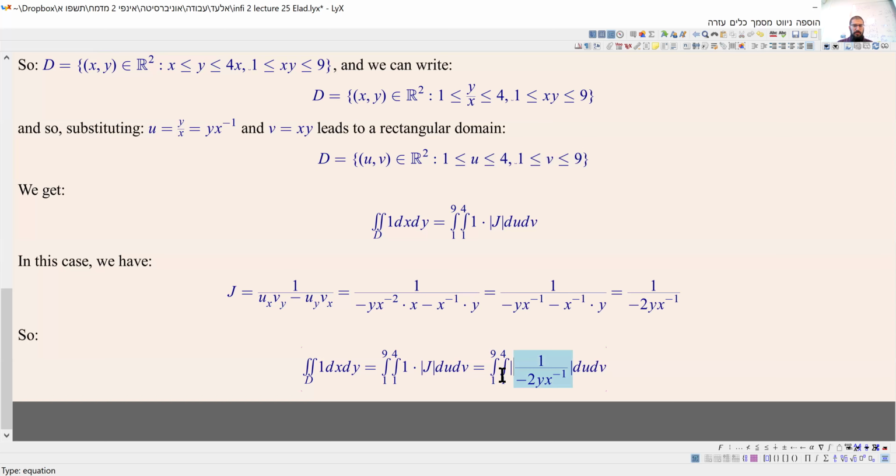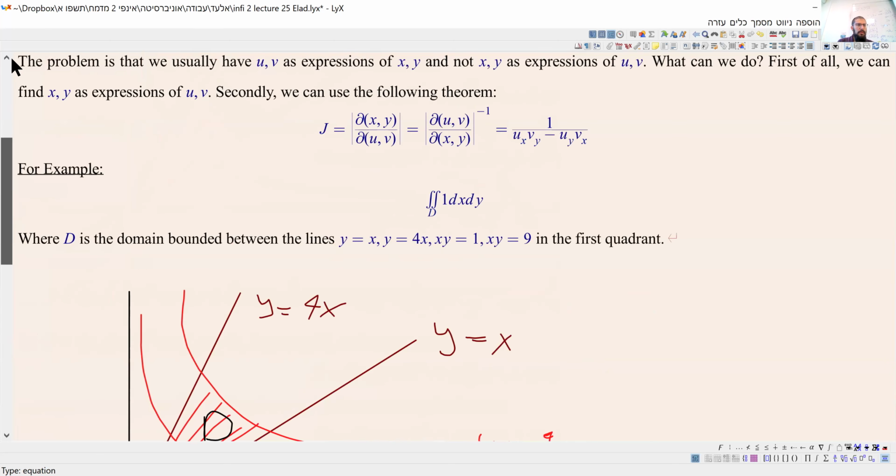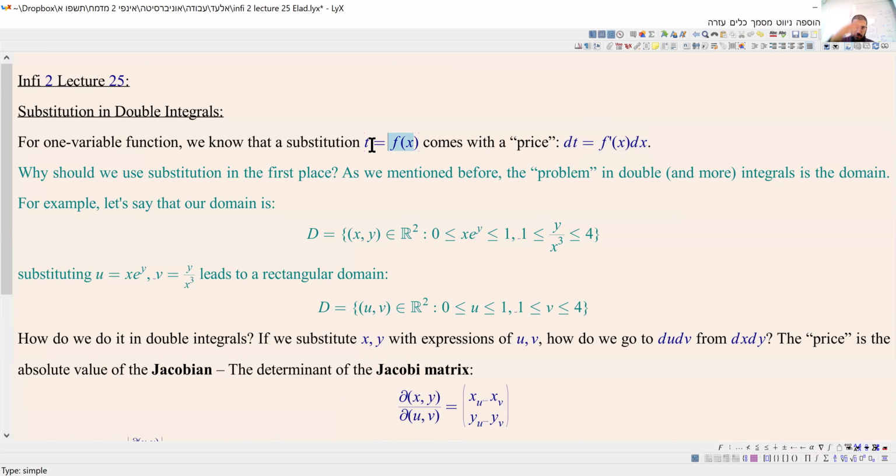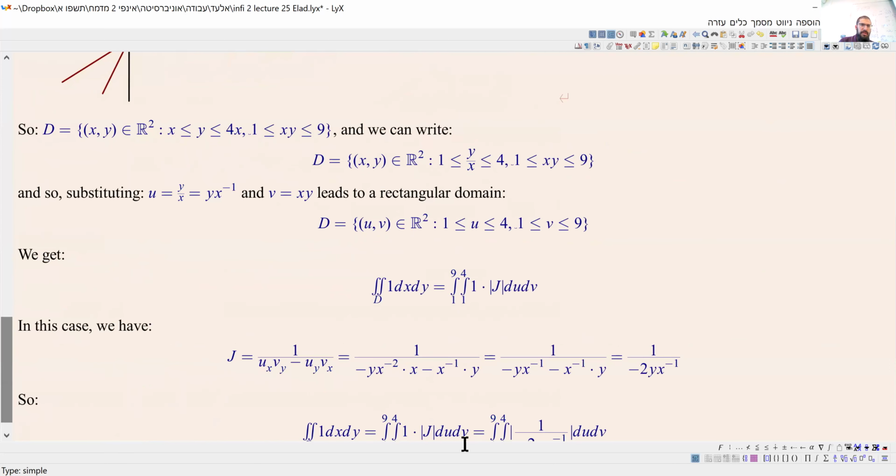But when it comes to the integral itself, we still need to express it with u and v, our new variables. Just as in the previous lecture, when we substitute an expression of x by t, we cannot have x left. The integral should be written with u and v, and that's all.